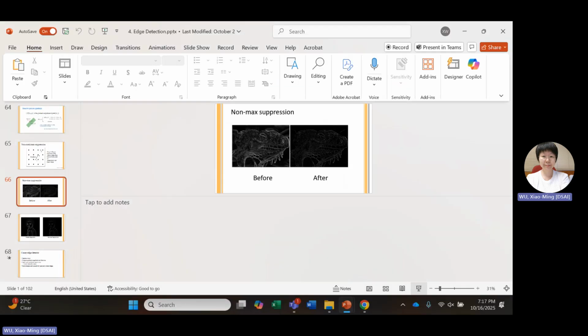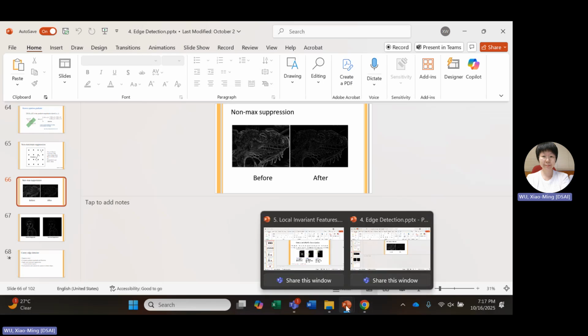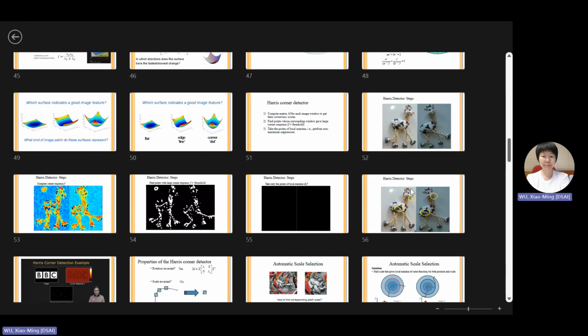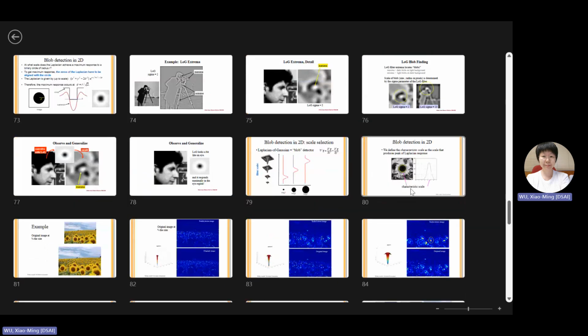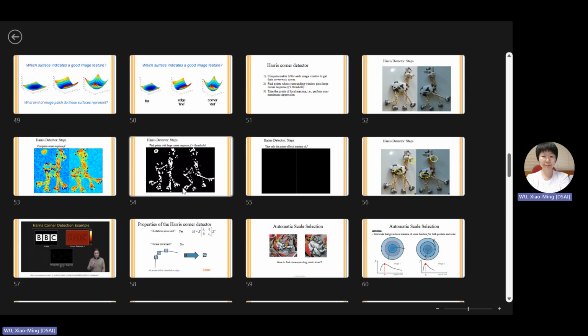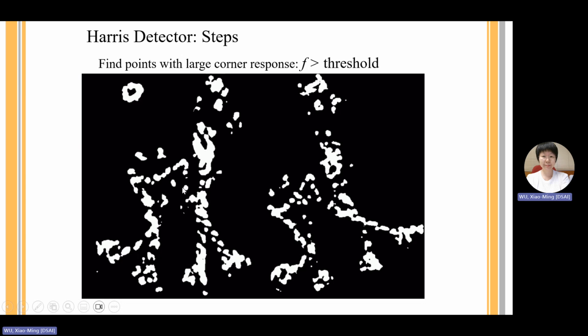So similarly, we want to do the same for corner detection. After we threshold the corner response map, we obtain a corner pixel map.